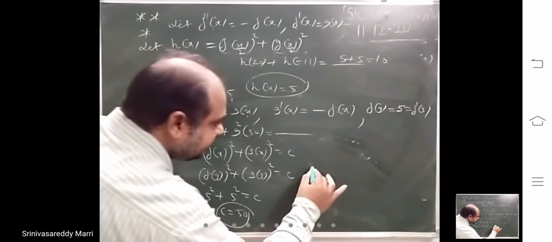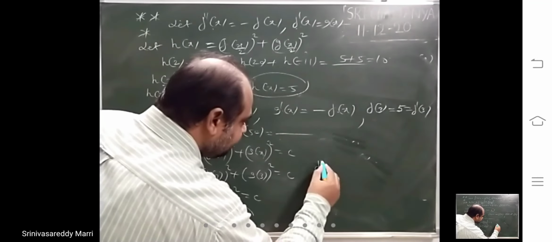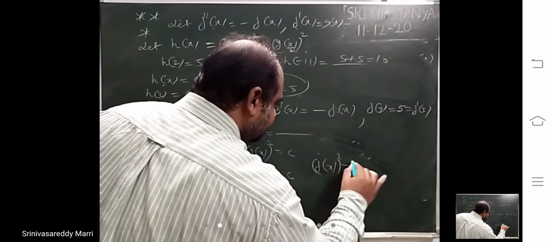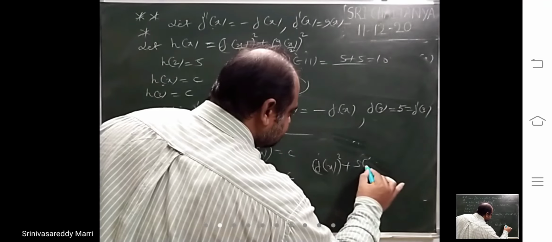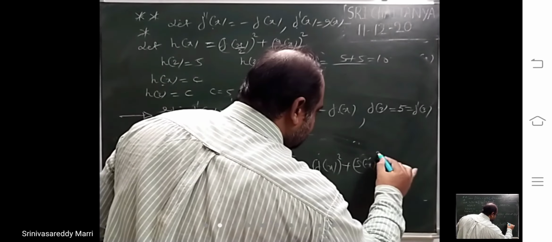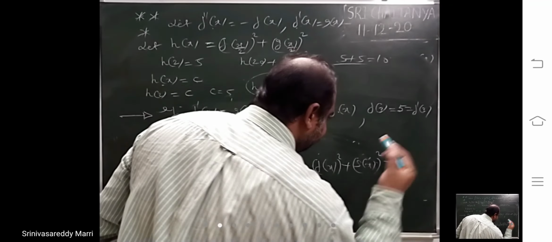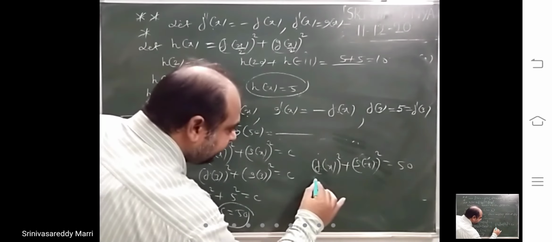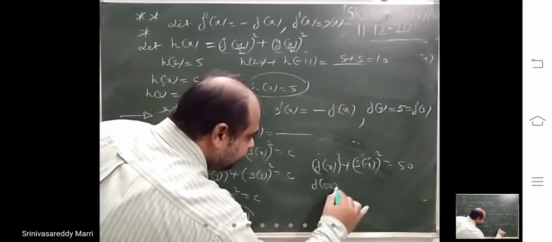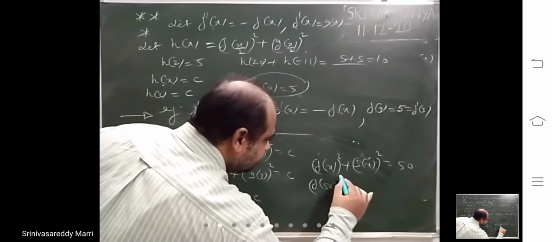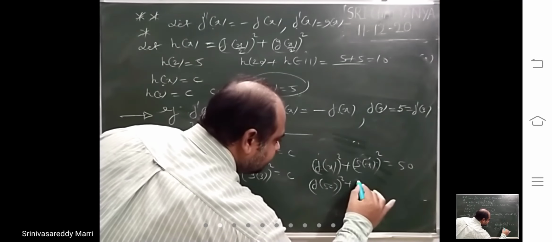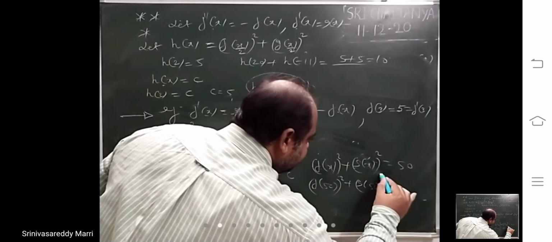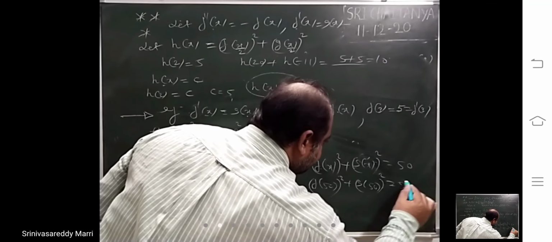C is 50, which means f of x whole square plus g of x whole square is always 50. Now x equal 50. If x equal 50, what will you get? f of 50 whole square plus g of 50 whole square is also 50.